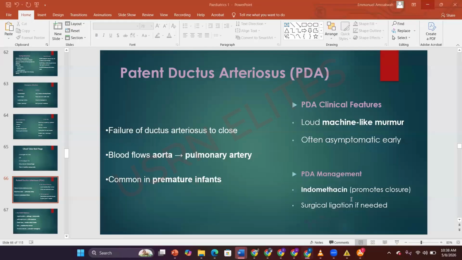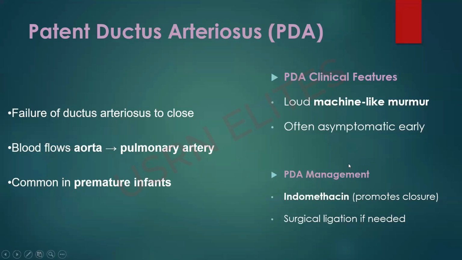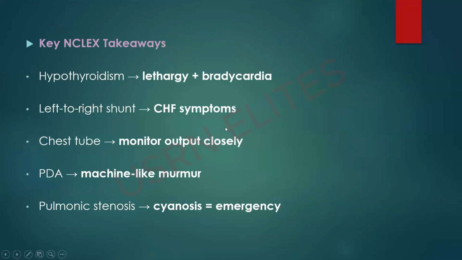So just to stress the importance of this drug, or NSAIDs like ibuprofen and naproxen, to help close the space in the picture I showed you, that patent ductus arteriosus. All right, so I don't think we will ever forget, right? Indomethacin to close patent ductus arteriosus.